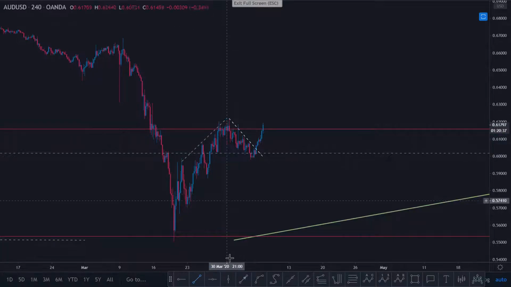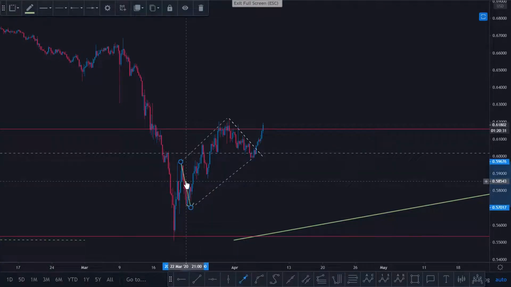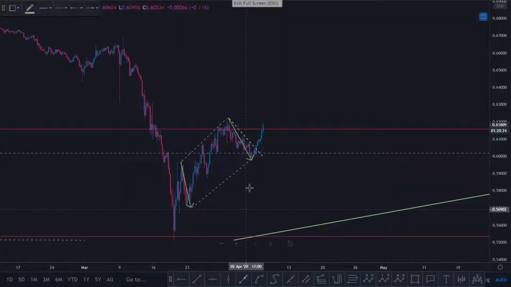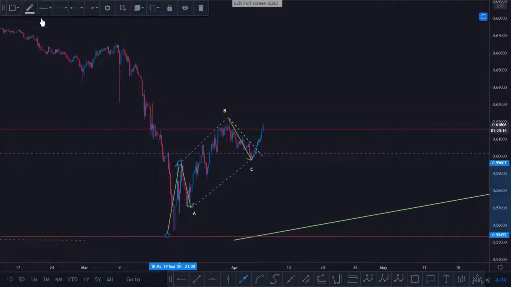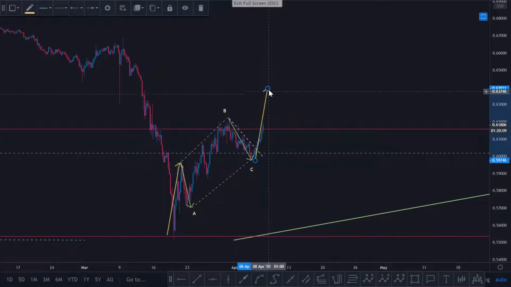What looks like running flat there, where this was the initial impulsive correction. We had the middle price action, and we had an impulse from a corrective impulse for the downside. So this is what's called a running correction, A, B, C, off of a lower impulse, and you can expect an impulse to follow.